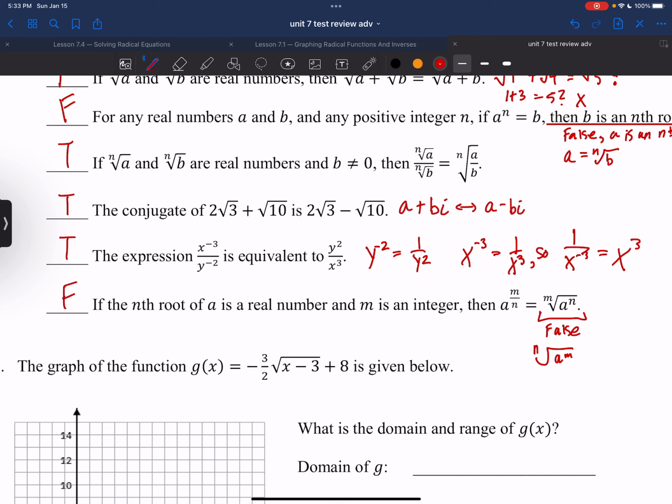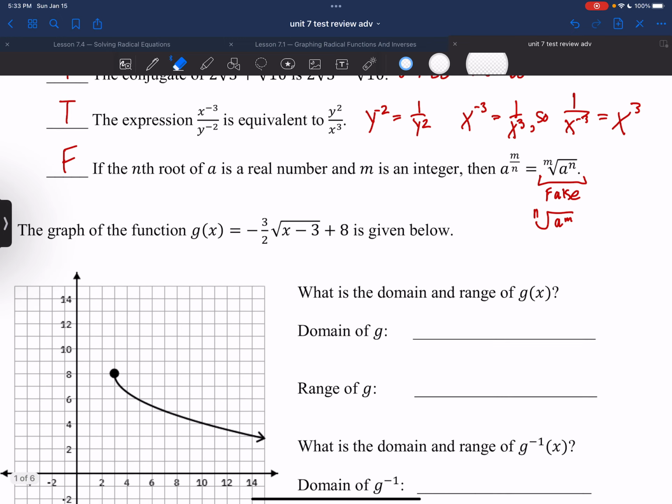Be careful with where that n goes, where that m goes. That's super important, right? Because if I say square root of a cubed, that's going to be a to the 3/2. That is not going to be a to the 2/3. We have to have that correct placement of m and n.